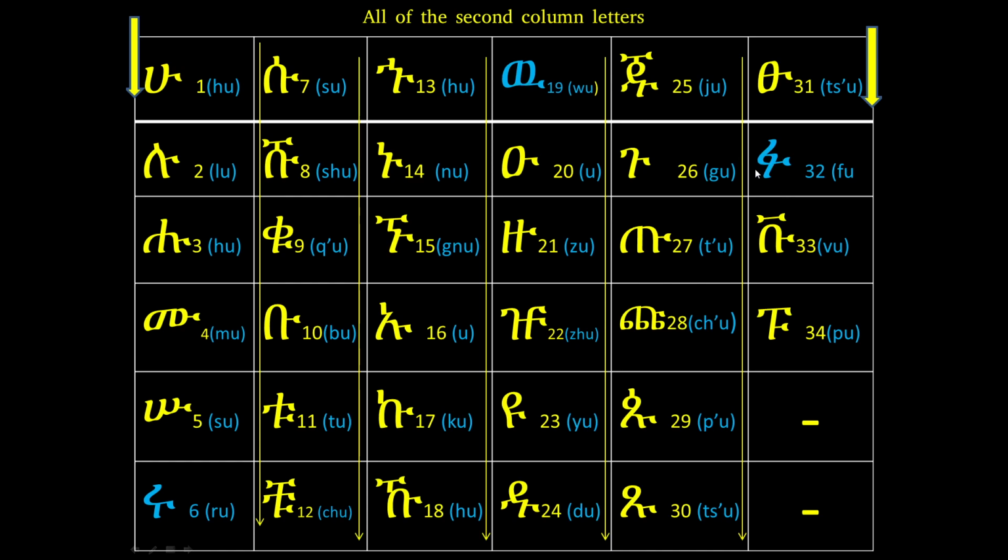The three different colors are just to show you that they are the exceptions to the rule.